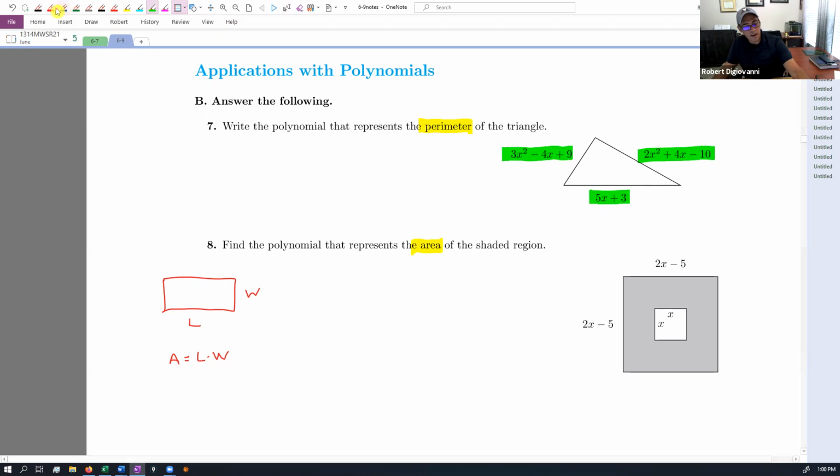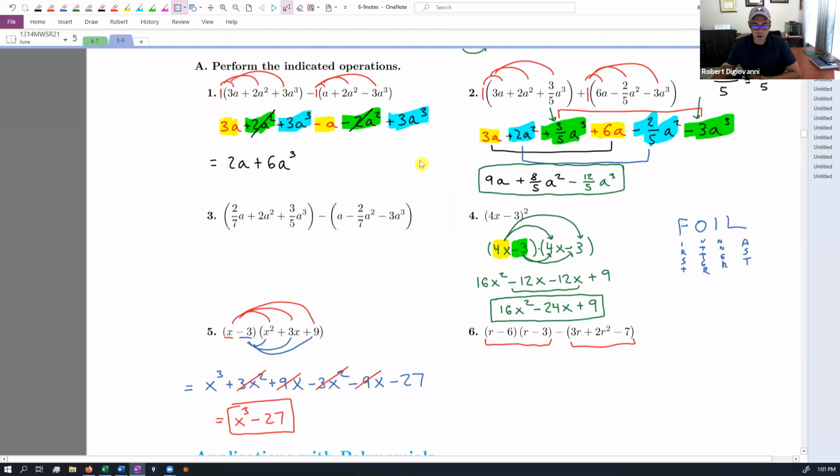It would look like 3x minus 4x plus 9. That's the first side. I'm going to add to that the next side, 5x plus 3. I'm going to add to that the last side. And this is just a bunch of additions, so I'm going to leave that to you. You'll do that the same way we did these up here.